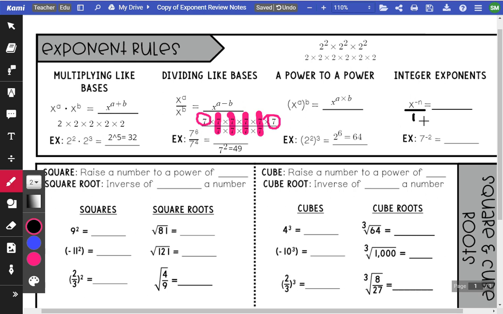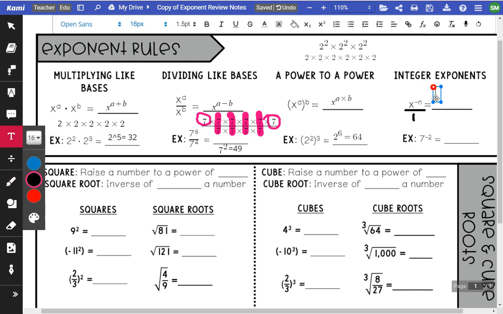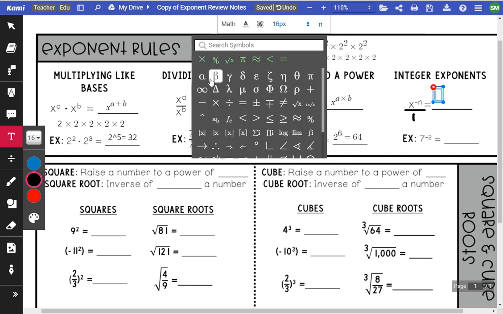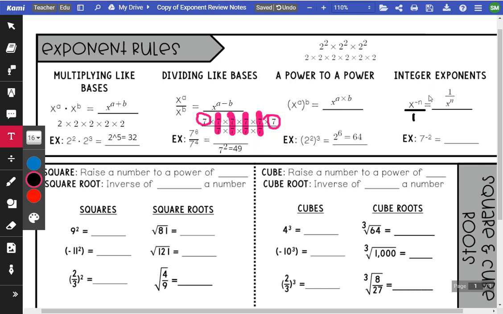If I move it to the denominator, it becomes positive. So x to the negative n equals 1 over x to the n. You move the variable to the denominator and make the exponent positive. As it moves to the denominator, it loses its negative, as you recall.